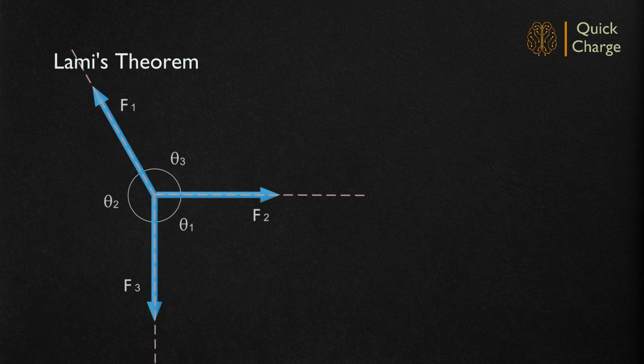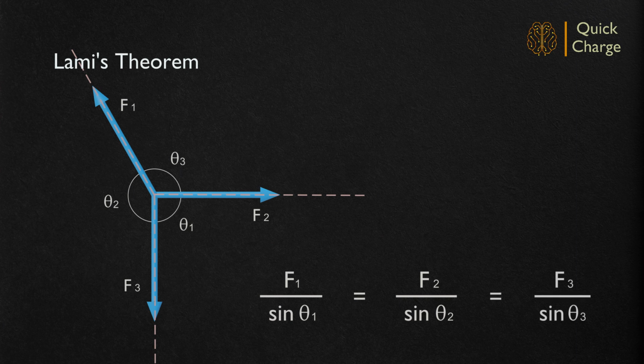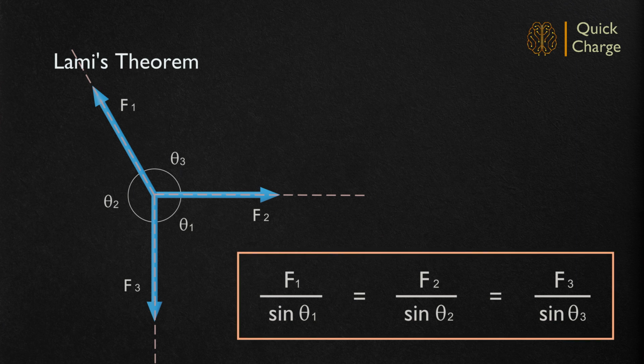So for coplanar concurrent system involving only three forces, F1 divided by sine theta 1 is equal to F2 divided by sine theta 2, which is same as F3 divided by sine theta 3. Generally, analysis of three coplanar concurrent forces in equilibrium will be much easier when we follow Lami's theorem.